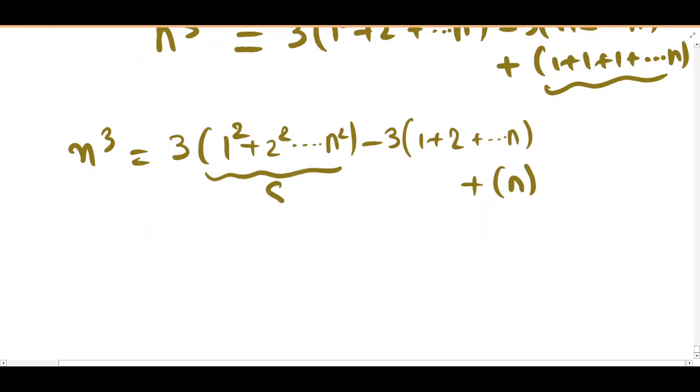So this sum will be Sn, which we have to find, and this is the sum of natural numbers. We denote it as S1, and it will remain as it is.